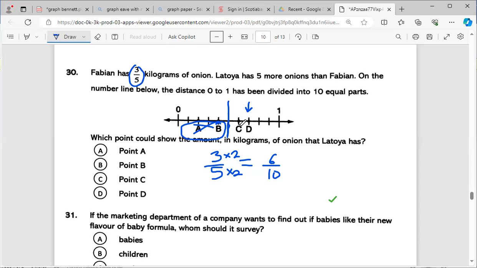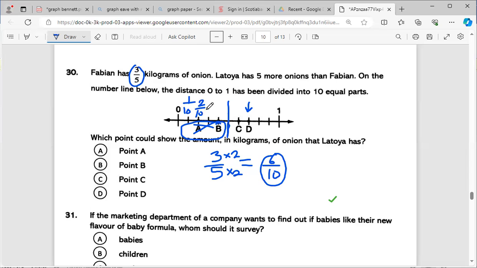So that means whatever Fabian has, Latoya's is going to be greater. So when you work it out and you get 6/10, then we can say, okay, this one is 1/10. The next one is 2/10, because it's now in tens, right?